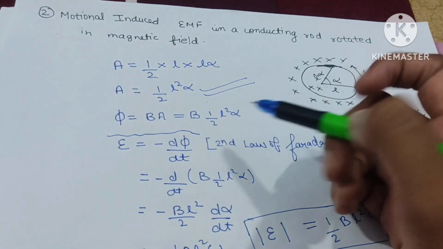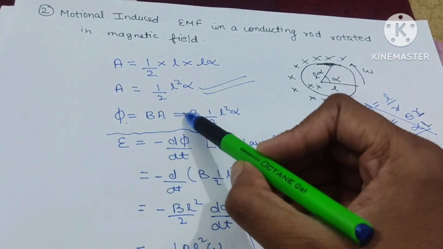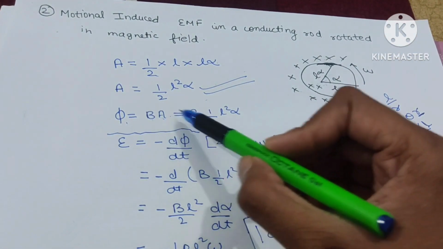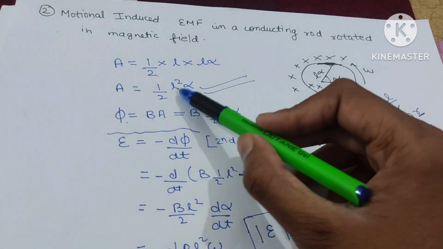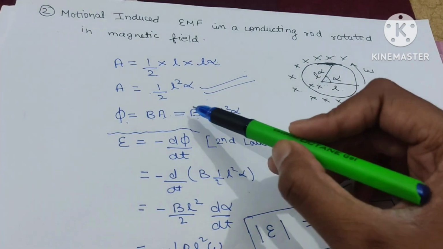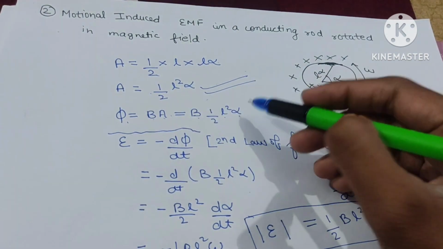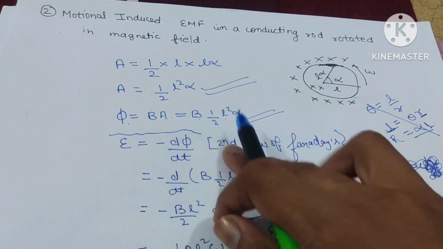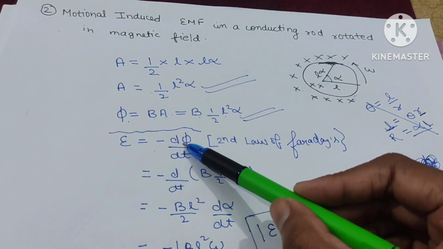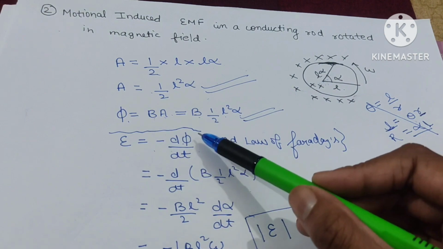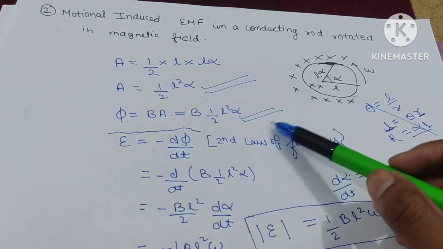Now what is the flux? Flux is BA, magnetic field into cross-sectional area. So instead of area we'll write this. Now from Faraday's second law, we can say E equals minus d phi by dt, the change in flux divided by time.